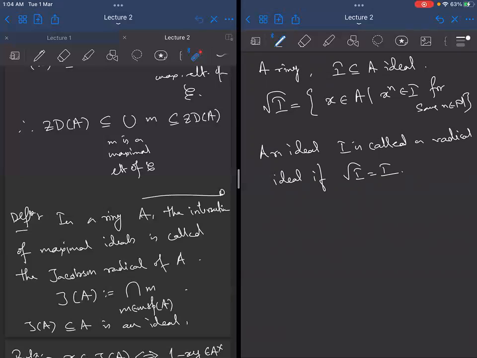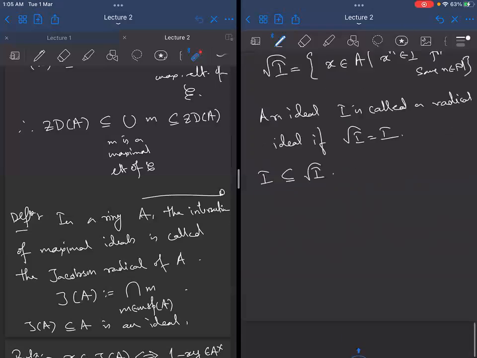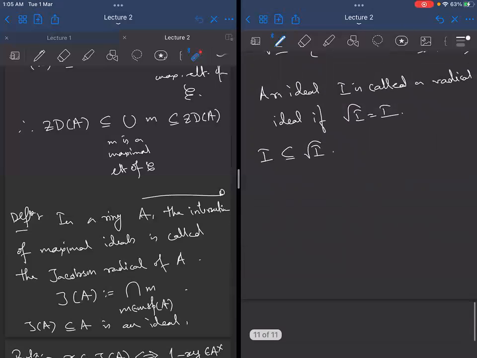Okay, so now how is that connected to the nilradical is the following. First of all, observe that I is a subset of square root of I for every ideal I. Okay, and also the observation is the following.